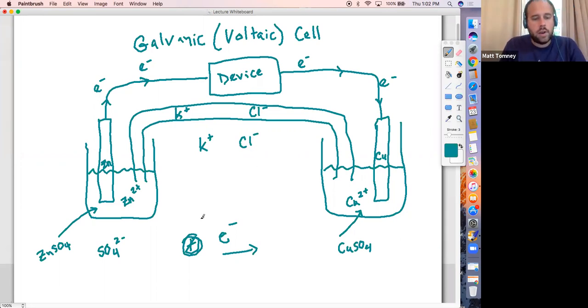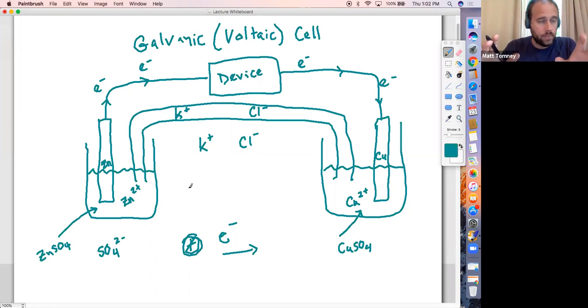And these are going to be very important because if there's an area that has a buildup of positive charge, I can send over some of the chloride ion to help balance that out. And if I have an area that's got some negative charge buildup, I can send over some potassium ions to help with the buildup of charge there. So you don't want a massive buildup of charge in one of the two half cells.